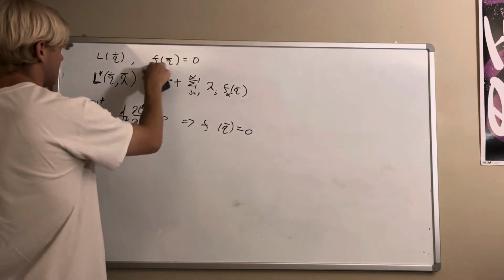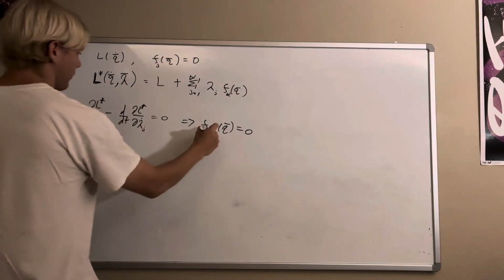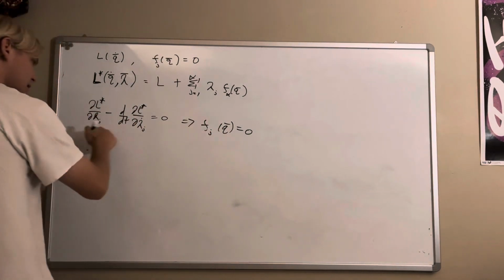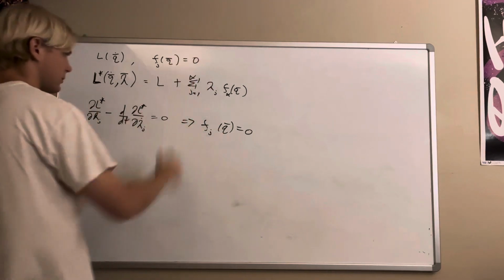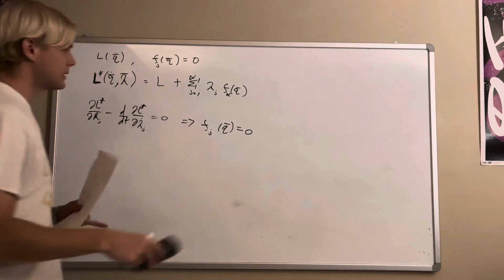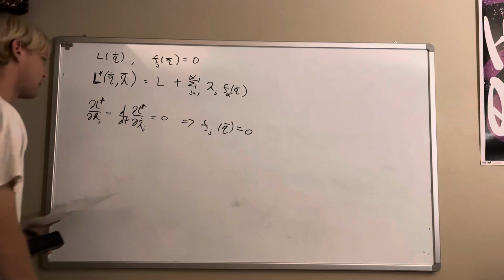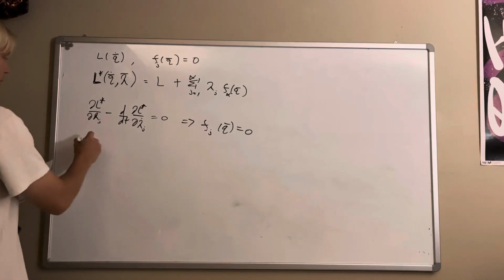For each j, it basically just returns you the same scleronomic constraint.